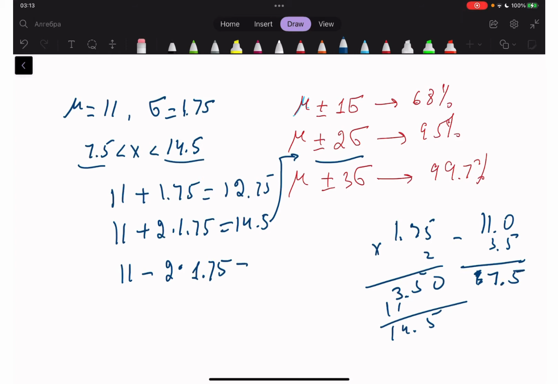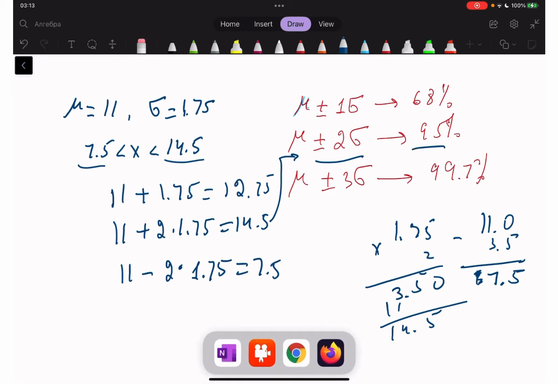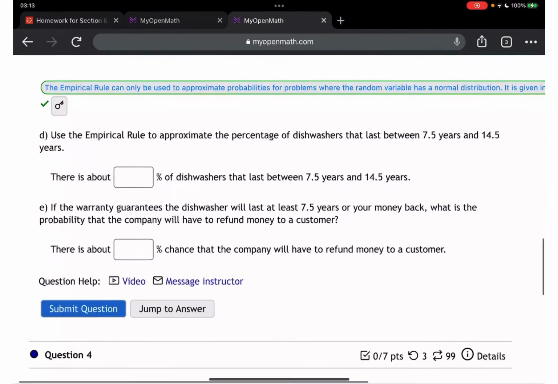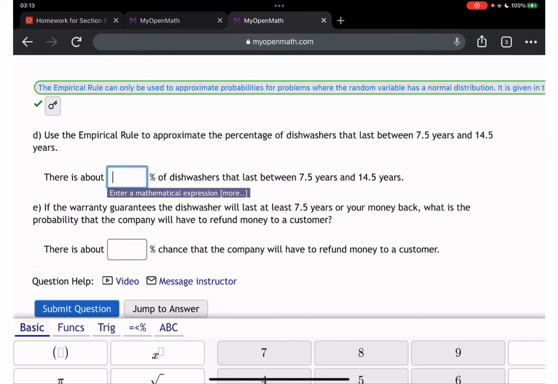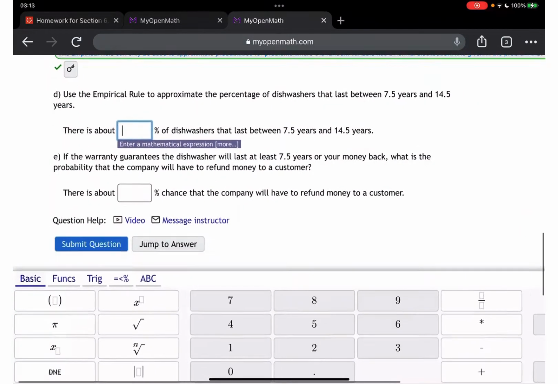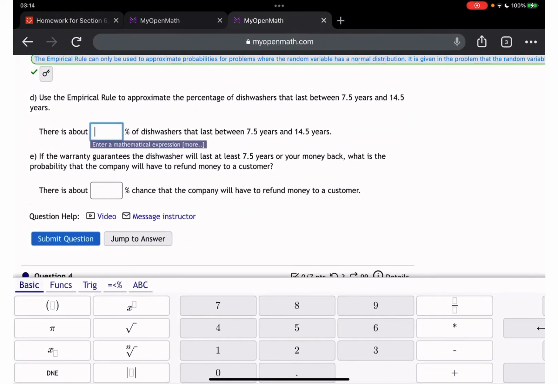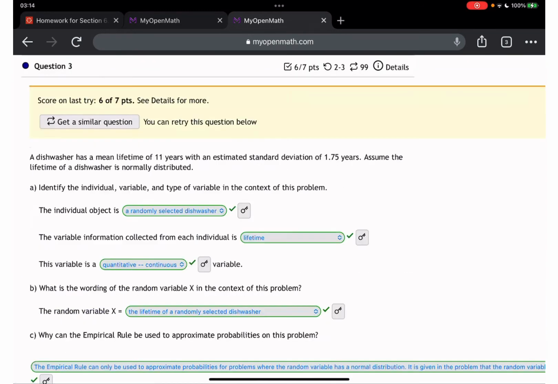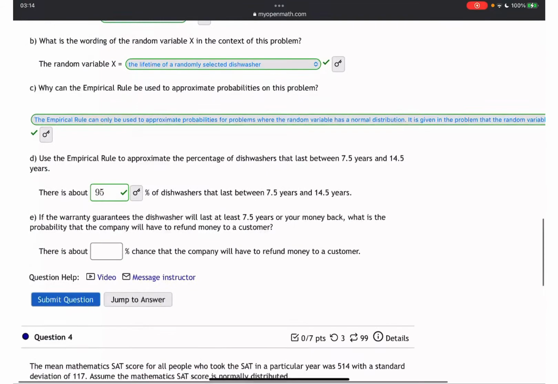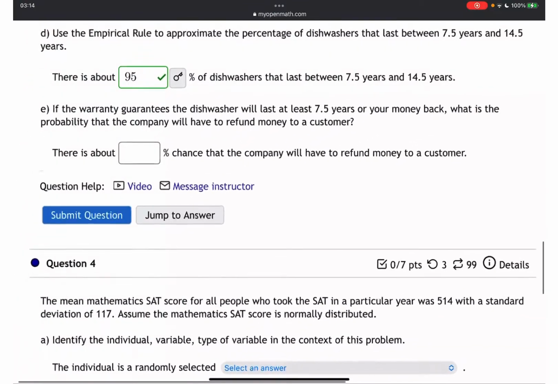Yeah, we got it, 7.5, which is going to be 95%. Let's check. Bingo.